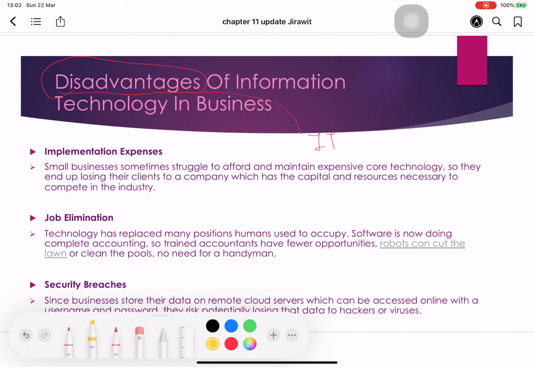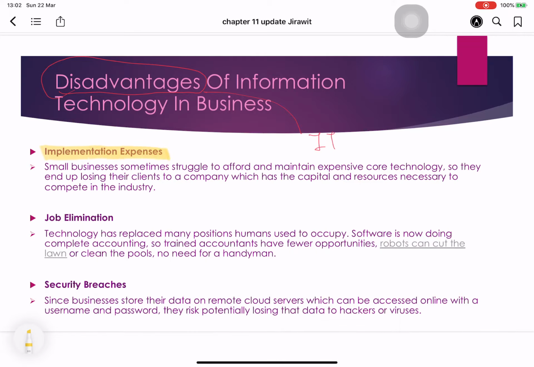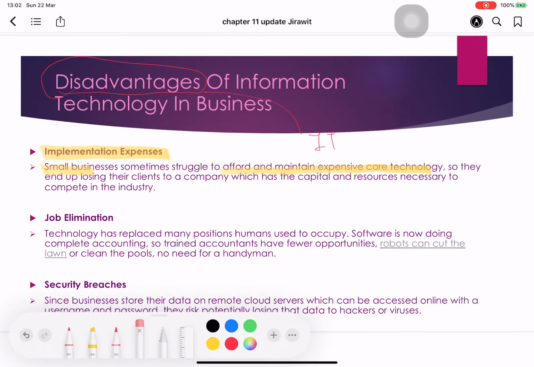The disadvantage: the implementation is expensive, right? Some companies or small businesses don't have enough money to afford and maintain the technology and cannot spend on expensive IT to apply to the core business.